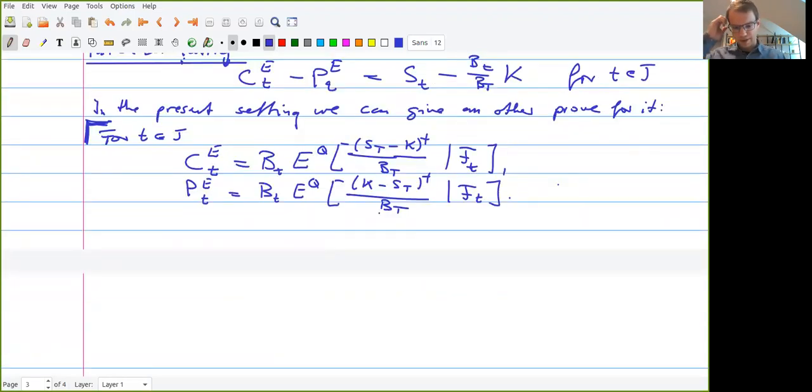Okay. So how do we now get the equality? Now I just need to calculate the left-hand side and see that I get the right-hand side.